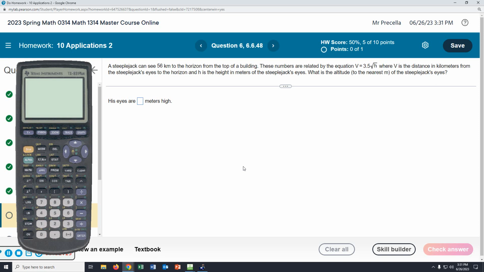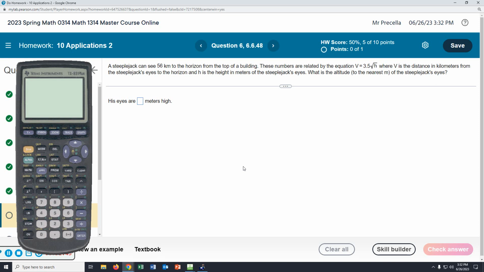A steeplejack can see 56 kilometers to the horizon from the top of a building. A steeplejack? I don't know what that is. These numbers are related by the equation V equals 3.5 times the square root of h, where V is the distance in kilometers from the steeplejack's eyes to the horizon, and h is the height in meters of the steeplejack's eyes.